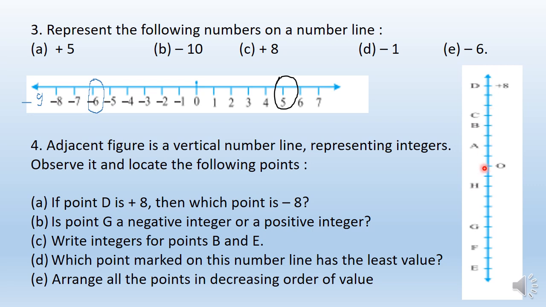As we start counting from here, 1, 2, 3, 4, 5, 6, 7, 8. In the upward direction there is a plus sign, so in the downward direction there is a negative sign. So after 0: -1, -2, -3, -4, -5, -6, -7, -8. So at the place of F, there is the point -8.